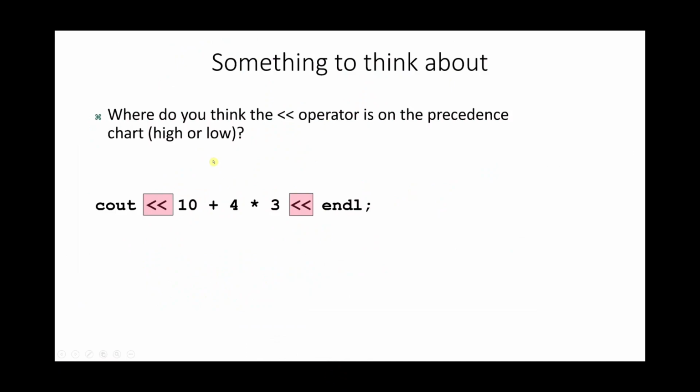Something also to think about: if I have a mathematical operation that I'm sending to the cout, is the compiler going to calculate that? Yes, it is. Why? Because the plus and the multiplication take higher precedence than the insertion operator.